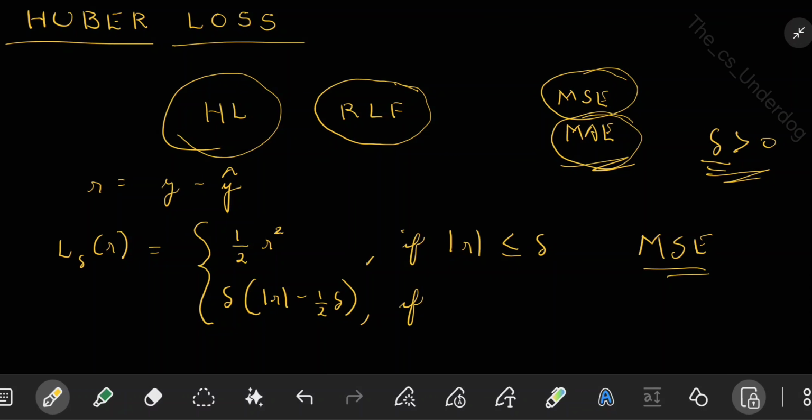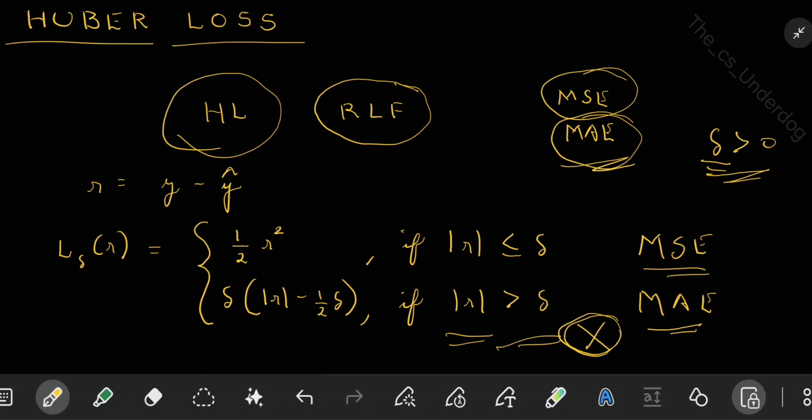Otherwise, this will be used if mod R is greater than delta. That means whenever your residual is larger, whenever your error is larger, you are going to use mean absolute error formula, which would mean larger errors are not penalized heavily anymore. Whenever your error is smaller, you are going to use MSE formula, mean squared error formula.